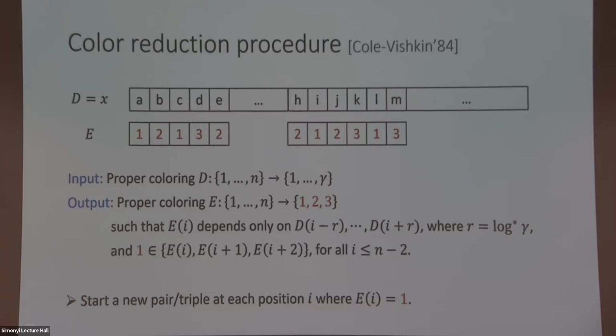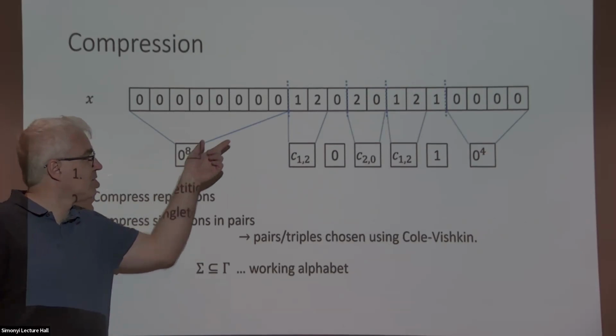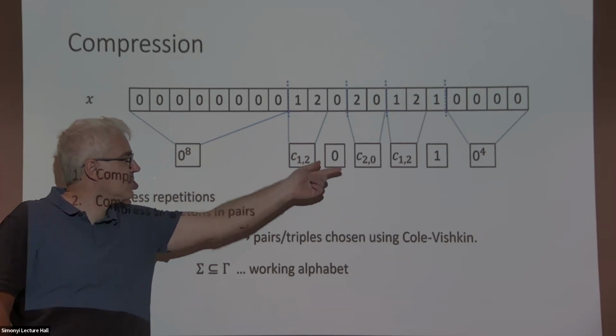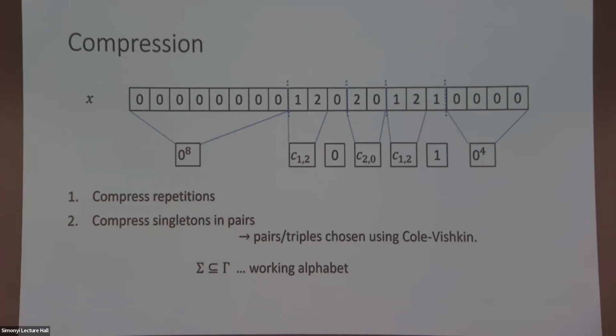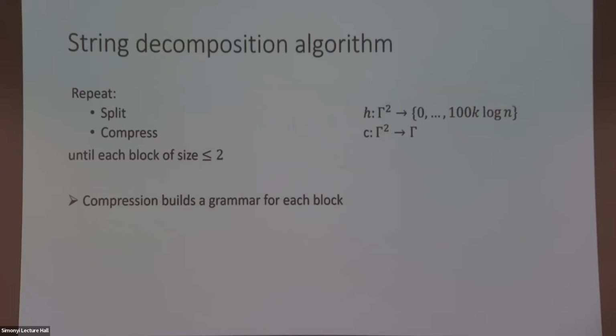Okay, so that's the color reduction, and you break it at these ones. So that's our compression. As I said, you compress the repeated symbols, then you use this Cole-Vishkin procedure to divide into pairs or triples. You compress those, and you get a new string on which you apply again the same procedure.